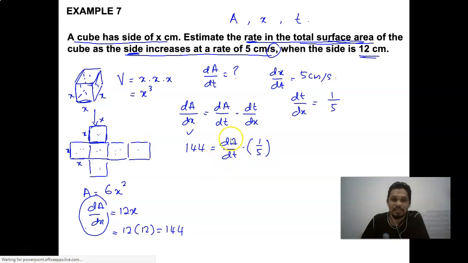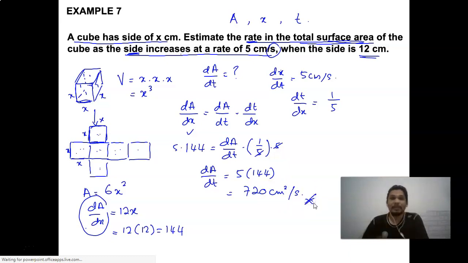Now, this is the thing that we need to find out here now. dA/dt equal to times 5 here, and also times 5. Then 5 multiplied with 144, which is equal to 720 centimeters squared per second.